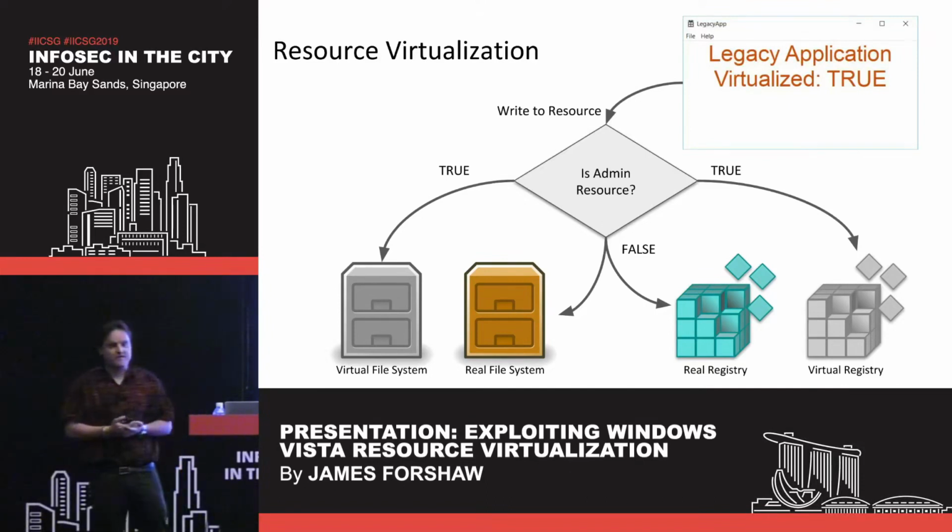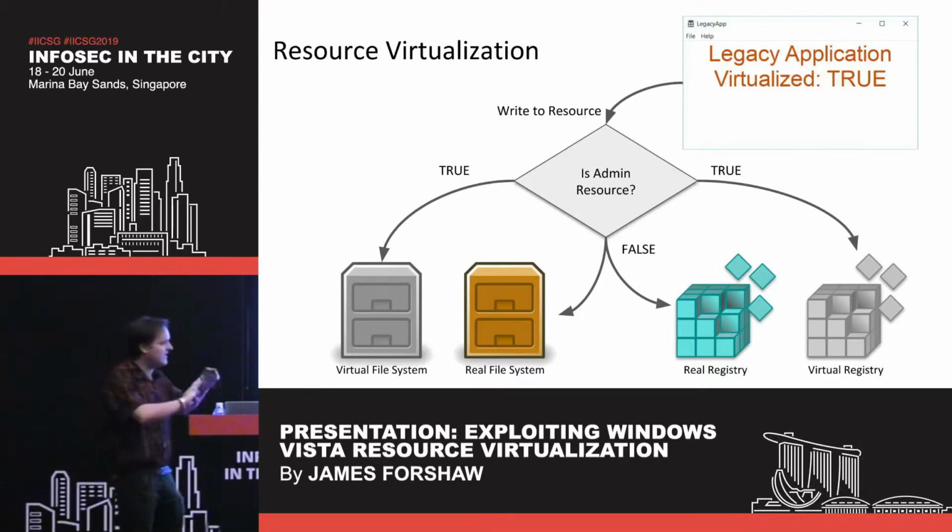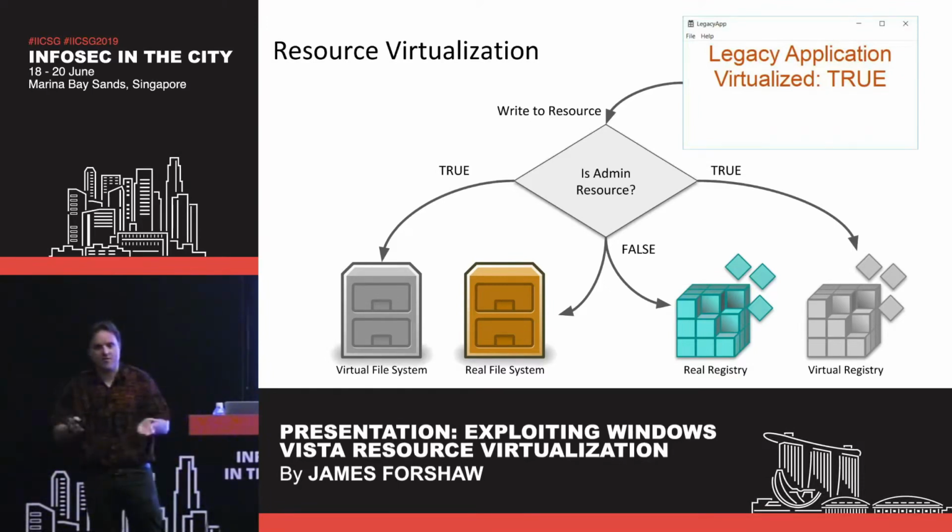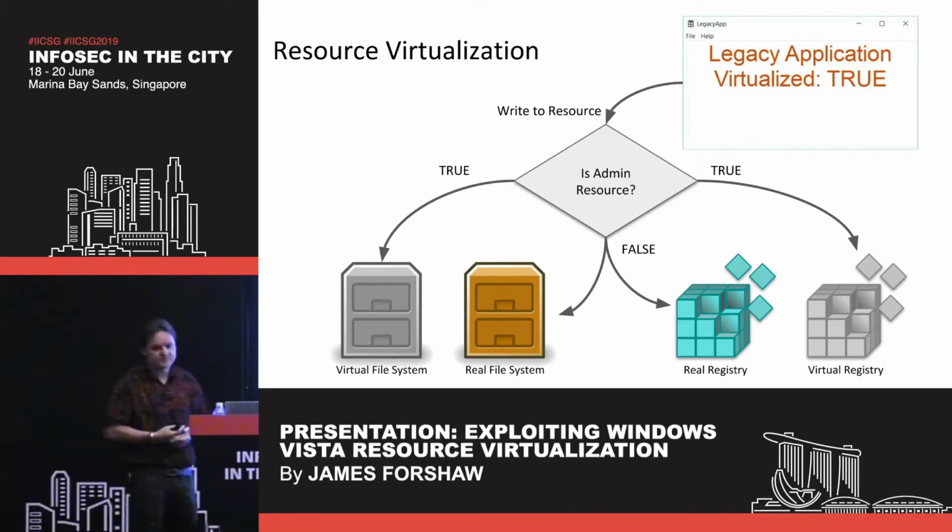So Microsoft's solution in this particular part was to do something called resource virtualization. And when I talk about virtualization, I'm not talking about the current usage where you're virtualizing an entire operating system. This is purely to virtualize the presence of specific resources, namely file resources and registry resources.